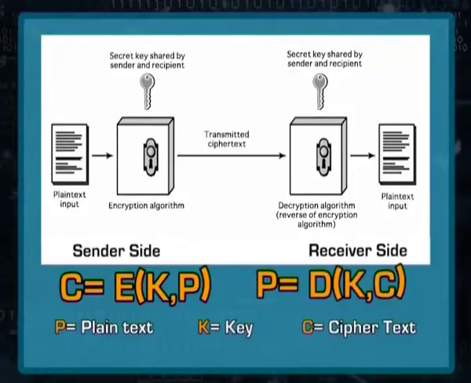On the receiver side, decryption can be performed as P = D(K, C), the decryption function of key and ciphertext. Again, P refers to plain text, K refers to key and C refers to the ciphertext.